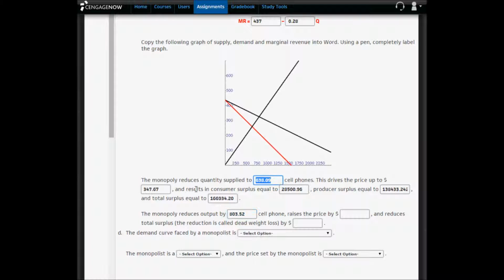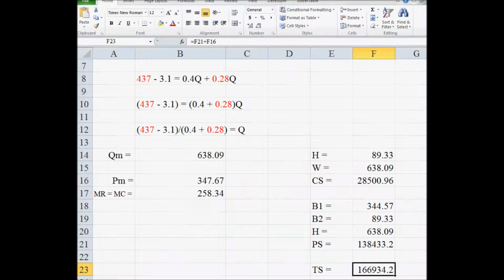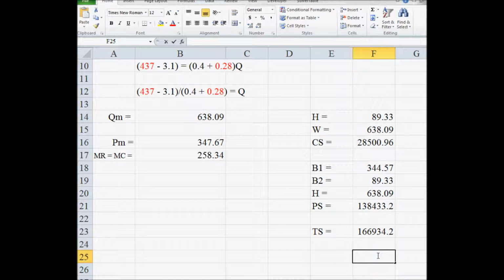When one firm monopolized the cell phone industry, the new monopoly only produced 638.09. So we need to take the difference of these two. I'll copy and paste this difference into Excel. 165.43.